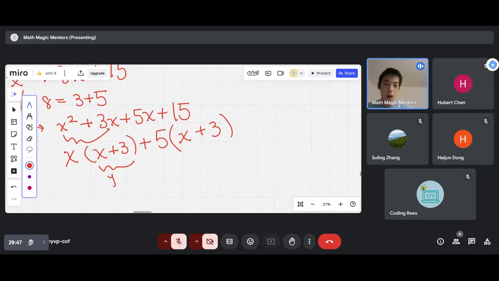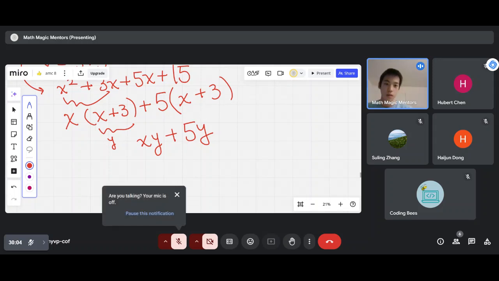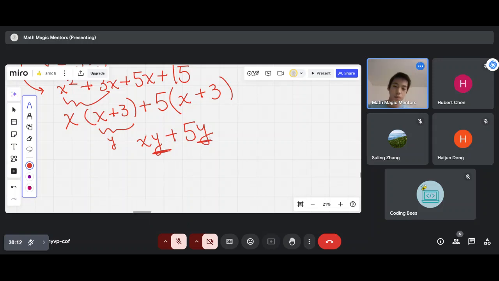If you let x plus 3 be like a variable y, you can write xy plus 5y as the expression that we just wrote in terms of x plus 3. So this is really nice because we got y's in our sum of products.